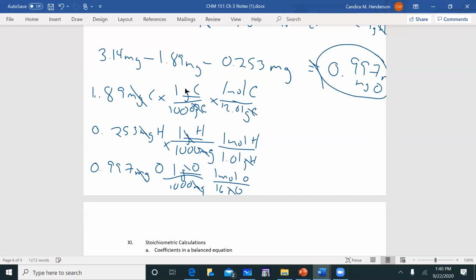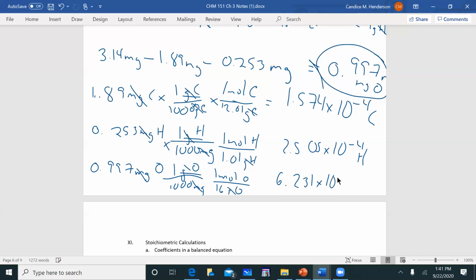Hopefully you're seeing how this ties into the previous problem. We end up with some super teeny tiny numbers: 1.574 times 10 to the negative fourth, 2.505 times 10 to the negative fourth, this is for carbon, this is for hydrogen, and then 6.231 times 10 to the negative fifth.